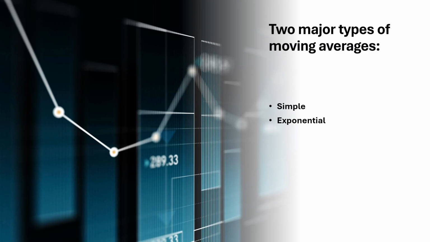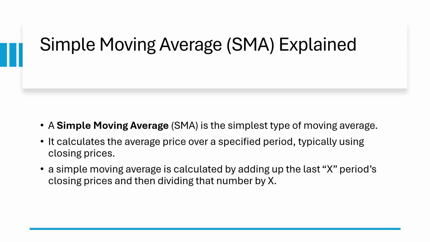There are two major types of moving averages, the simple moving average and the exponential moving average. Simple moving average, SMA, explained. A simple moving average, or in other abbreviations, SMA, is the simplest type of moving average. It calculates the average price over a specified period, typically using closing prices.